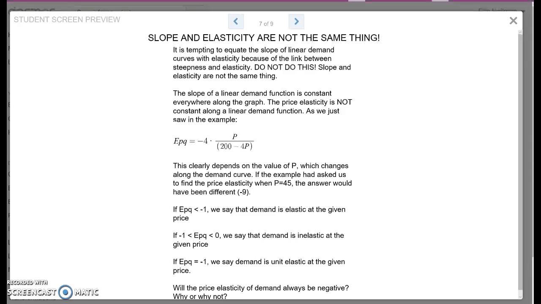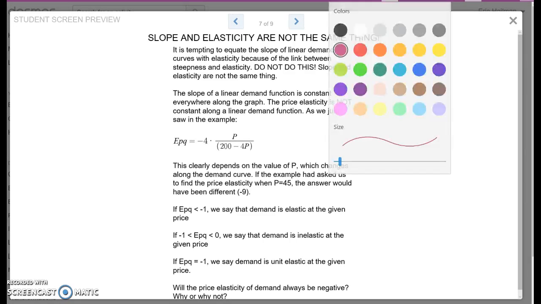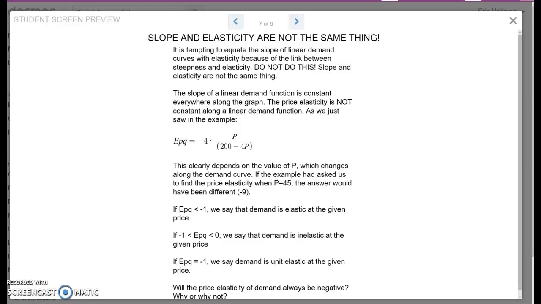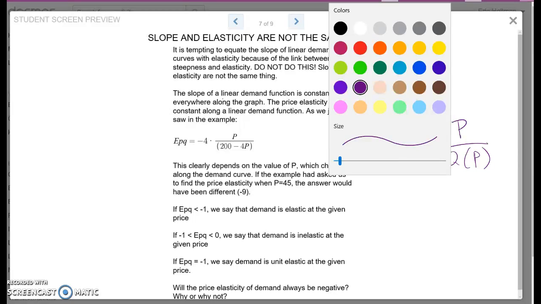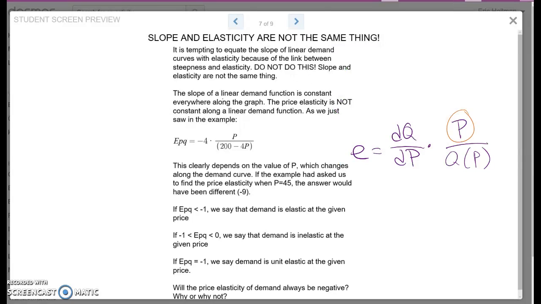Okay. The answer is yes. So if we think about the equation, let's think about the sign of all these things. Okay, so the sign of P here is going to be positive.